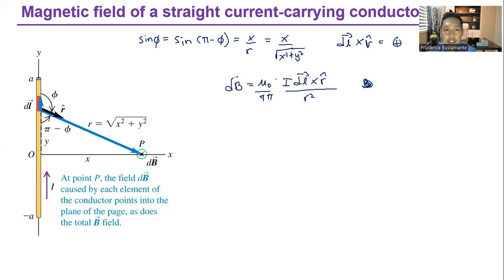So this is actually a vector. If you want to find the magnitude, the magnitude of B is equal to the integral of mu naught over 4 pi times I, integral from negative a to a of dl cross r hat over r squared.